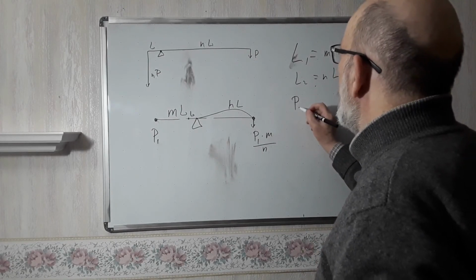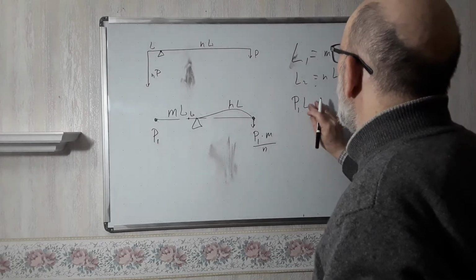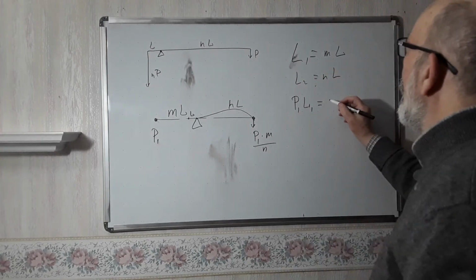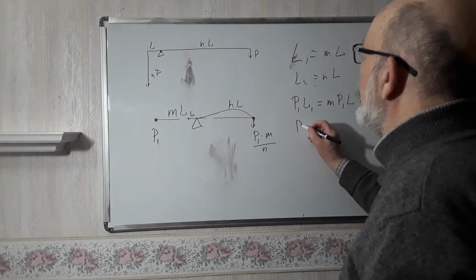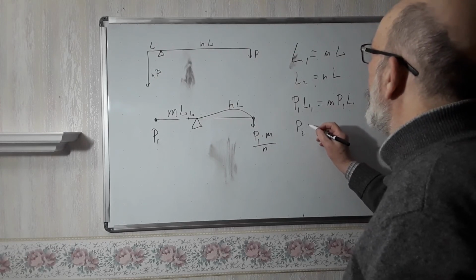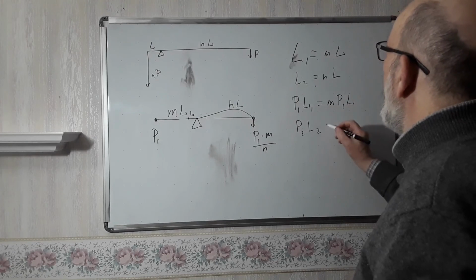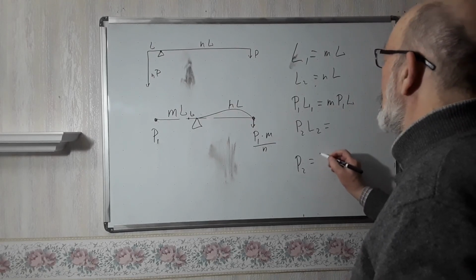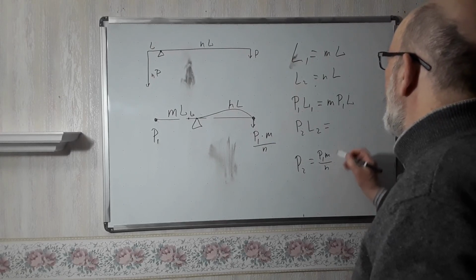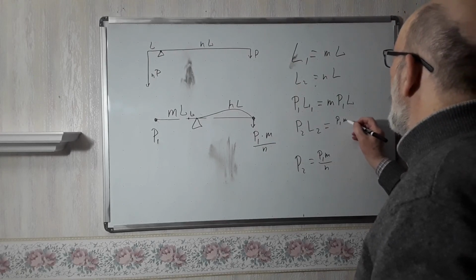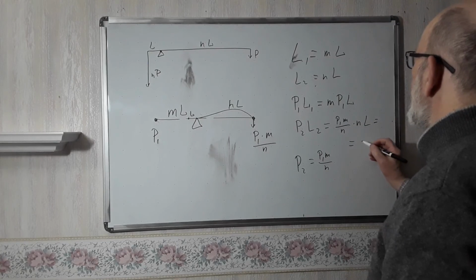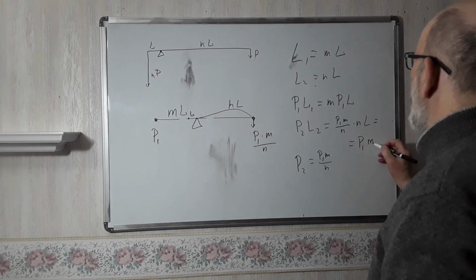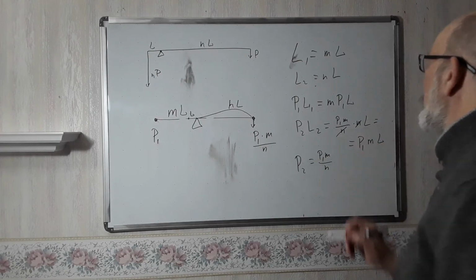And P1 L1 equals M P1 L, and P2 L2: P2 equals P1 M divided by N, times L2 which is NL, equals P1 M L. This N is cancelled.